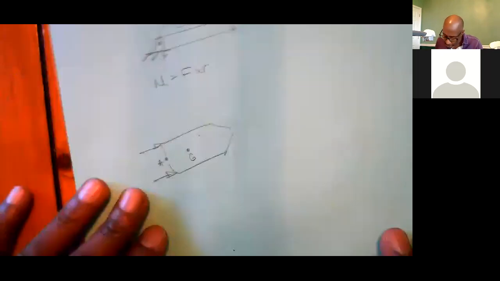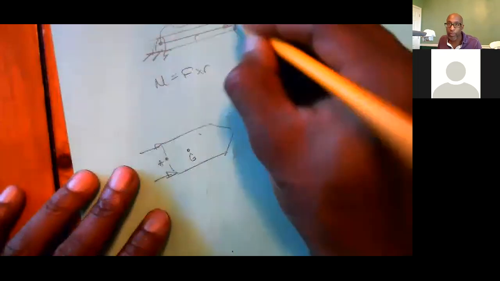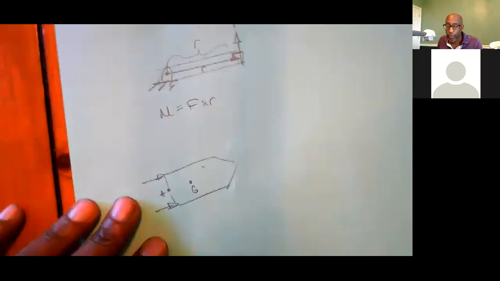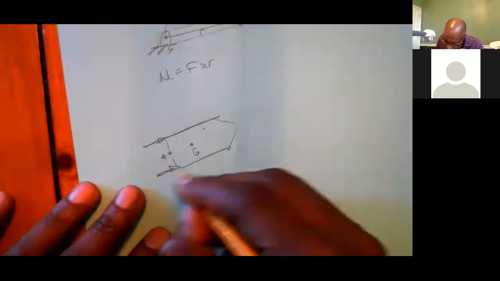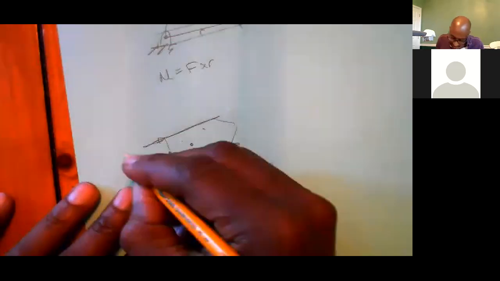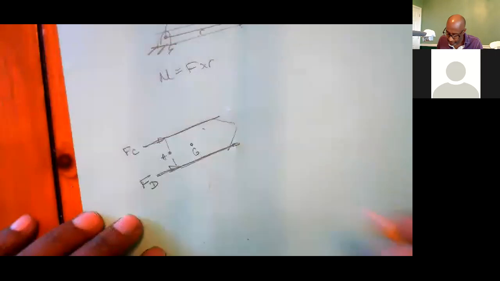The way you determine the moment is by the perpendicular distance r from the force. So what is that in this case? Here's one force going up this side, and here's another force going up this side. One is called FA, this one is called FD, and this is called FC, I think.